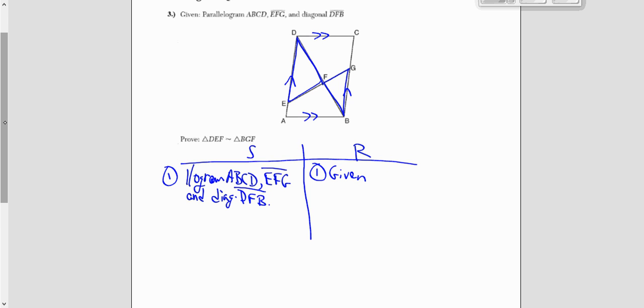So thoughts, guys? There's a vertical angle. I got those, but I think we got enough with some parallel stuff, right?